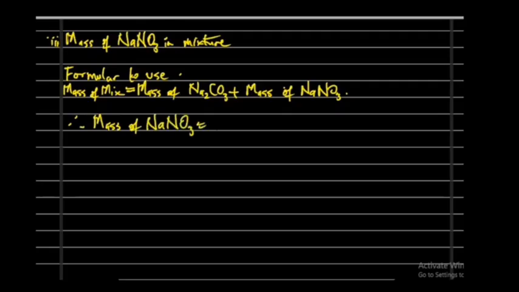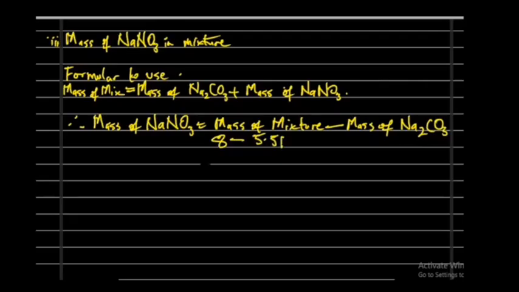Mass of sodium trioxonitrate equals mass of mixture minus mass of sodium trioxocarbonate. Since we have those values, we have 8 minus 8.51, which is what we just calculated.